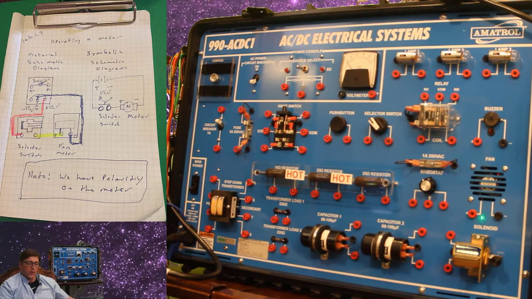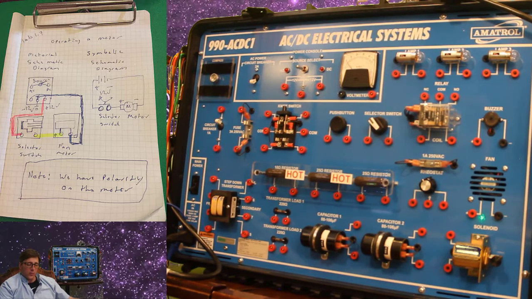We're only going to be operating between the ground and the positive 12 volts, in the DC range. We're going to hook it up to the selector switch, then go from the selector switch to the fan, and then from the fan back to the ground unit. So we should have a circuit loop from here.